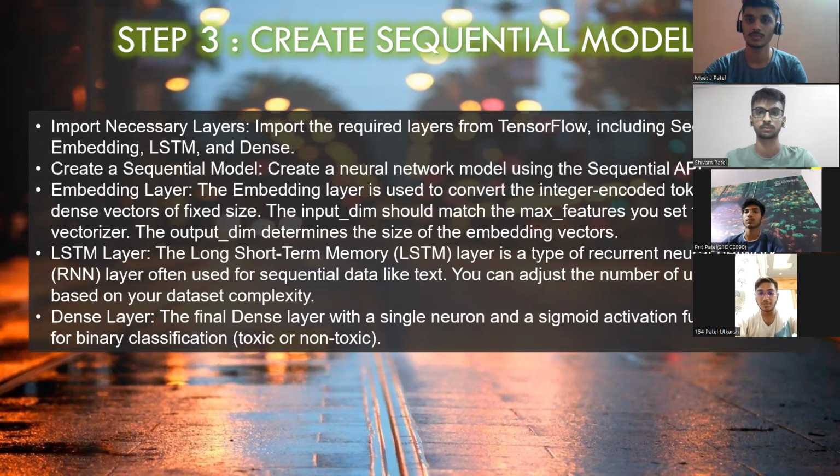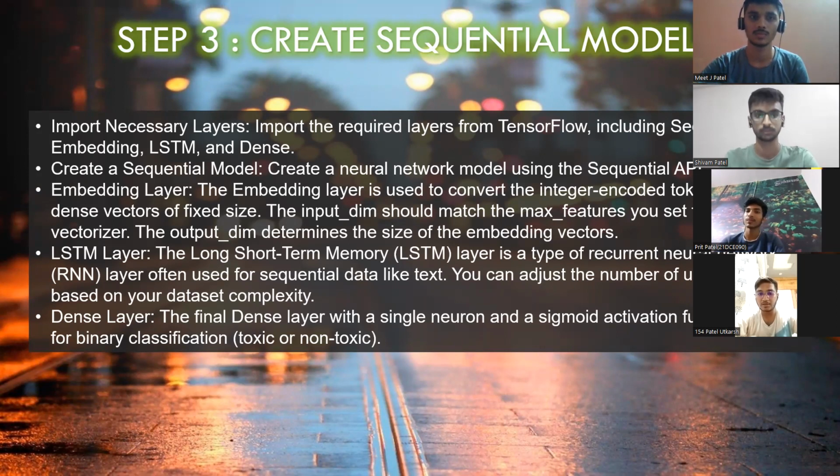Here we import necessary layers like TensorFlow, Sequential, Embedding layer, LSTM layer, and Dense layer. To create a sequential model, we use the Sequential API, and using the Embedding layer, we convert our integer encoded tokens into dense vectors of fixed size.